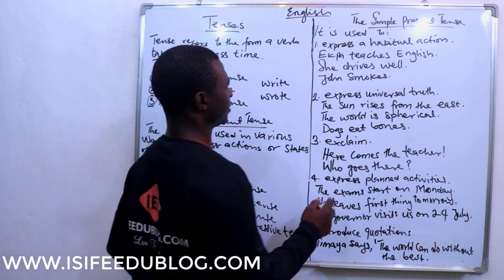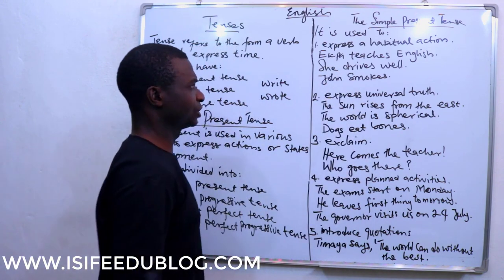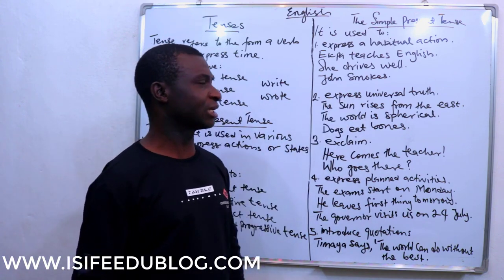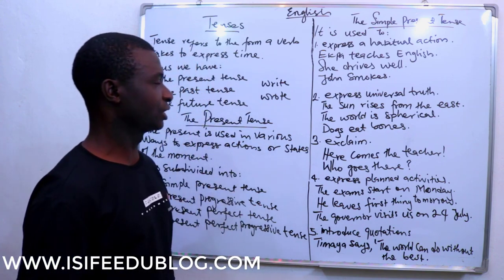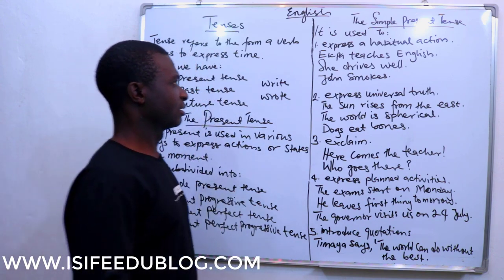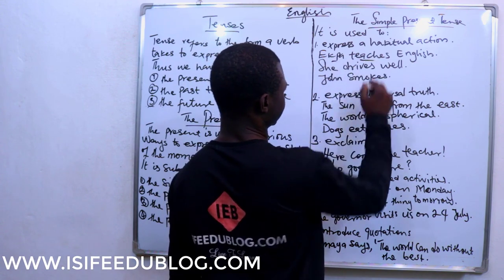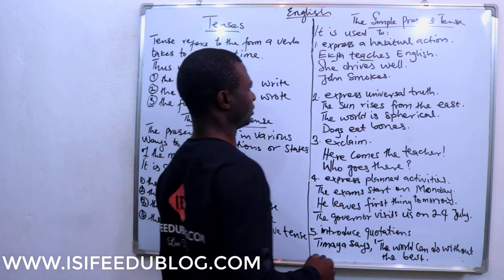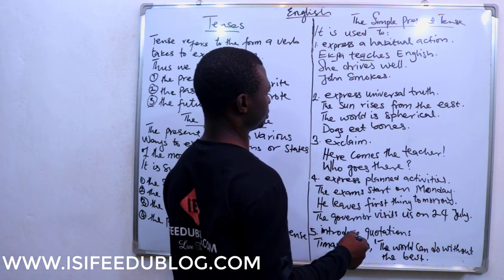Now, we have the first example. Ekpa teaches English. That is a regular action, a habitual action. Ekpa is singular and teaches is singular. So, if the subject is plural, of course the verb will show that.